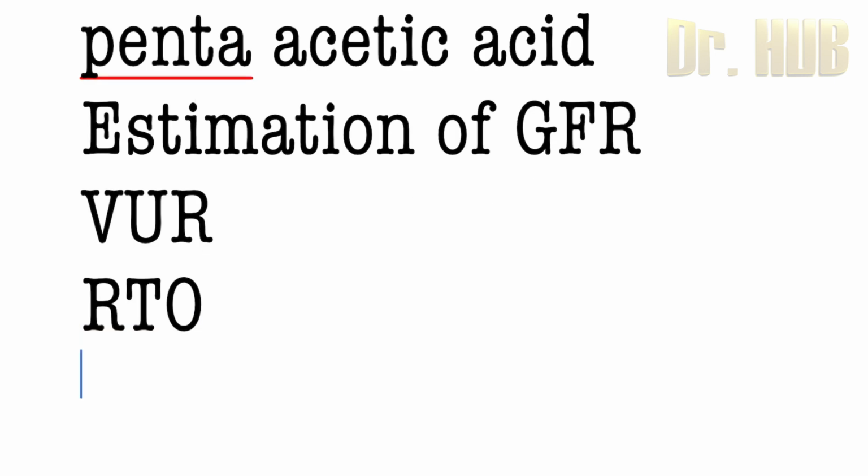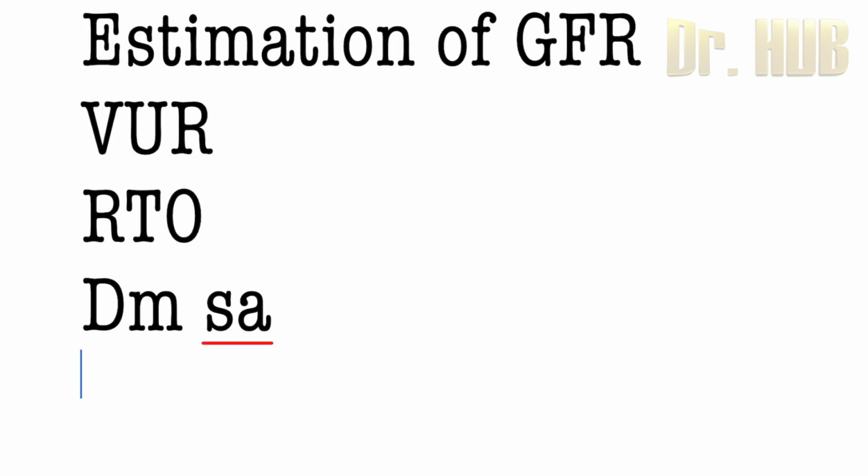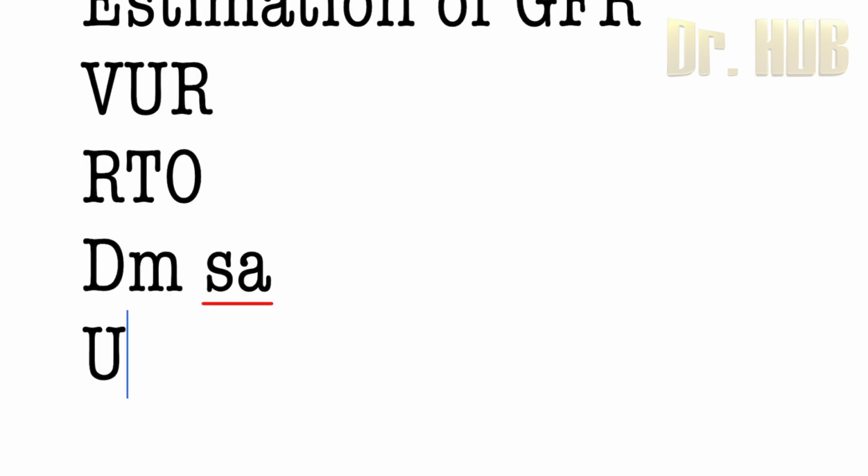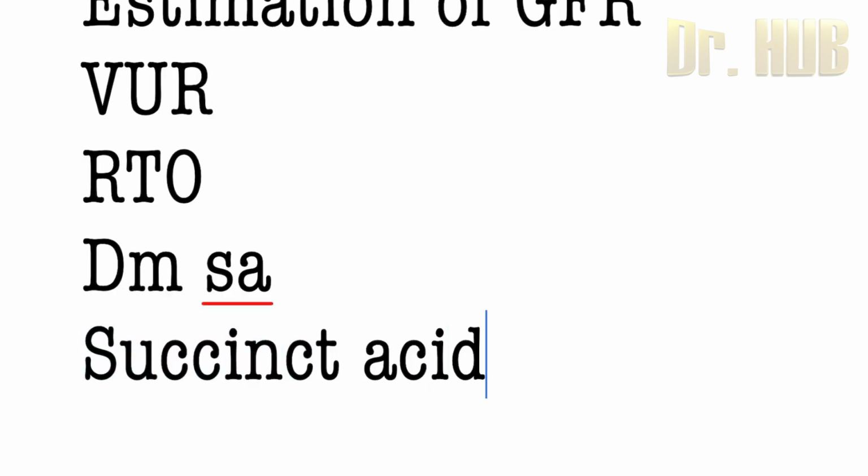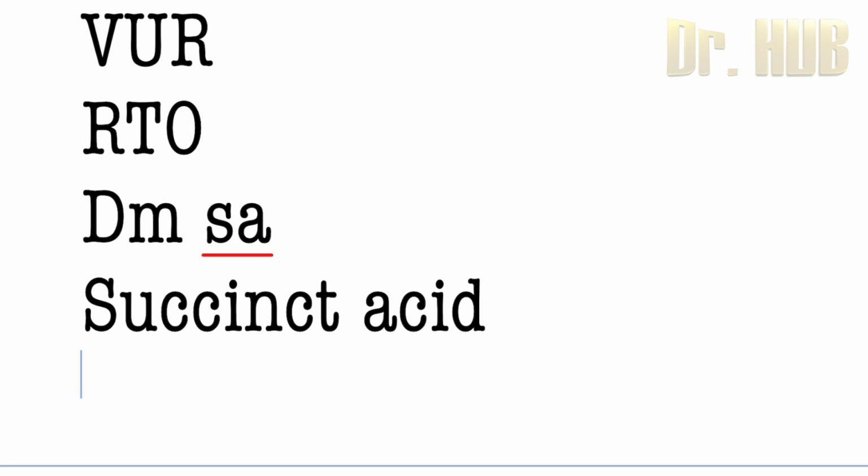Then comes the Tc99m DMSA. DMSA is dimercaptosuccinic acid. It is used for renal cortical and parenchymal imaging, the cortex.